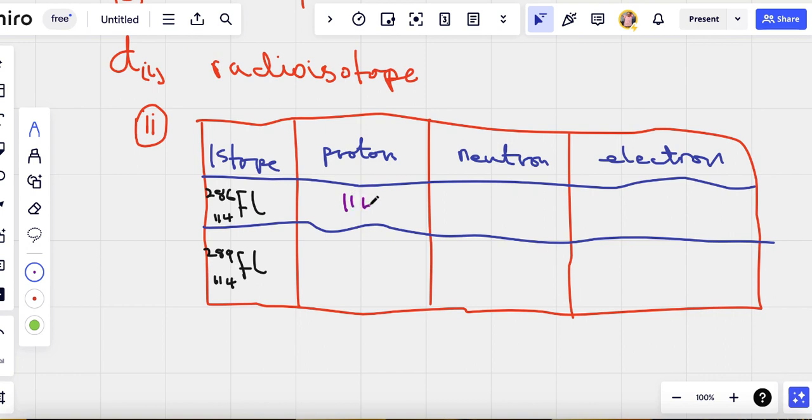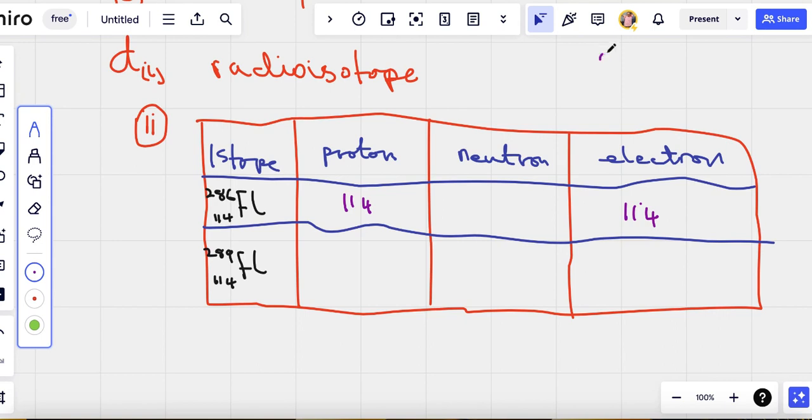Number of electrons, since it's just an atom, not an ion, is also the same as 114. So what is the number of neutrons?